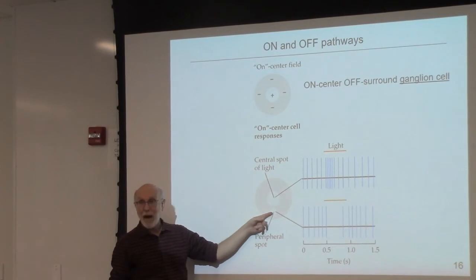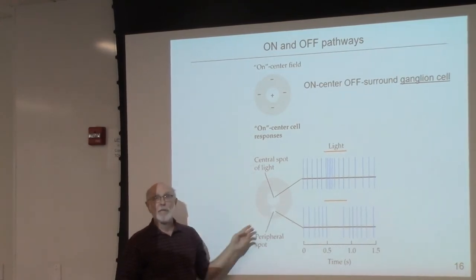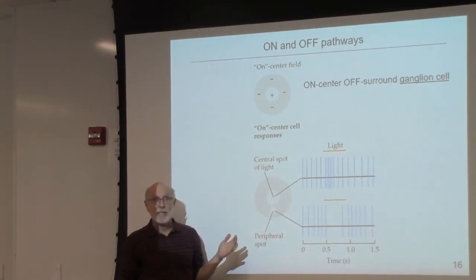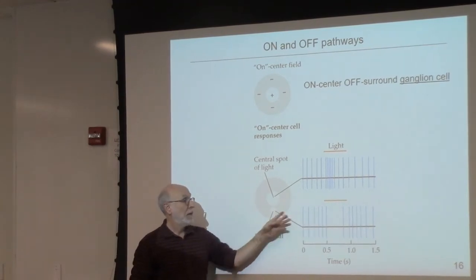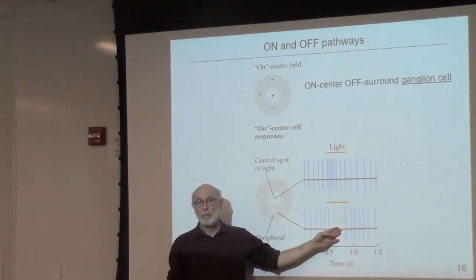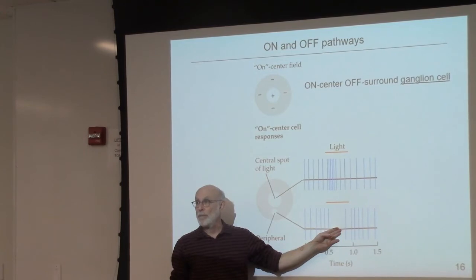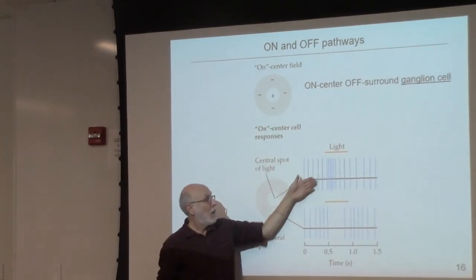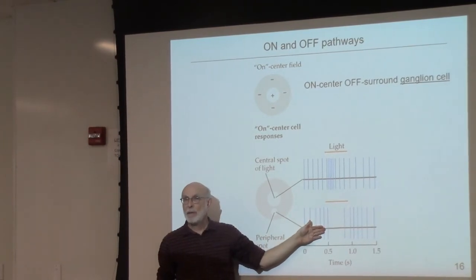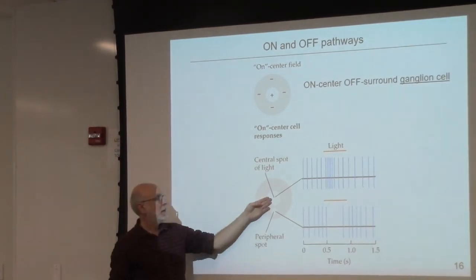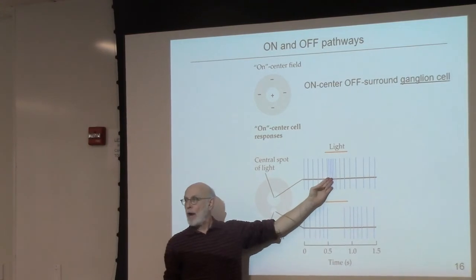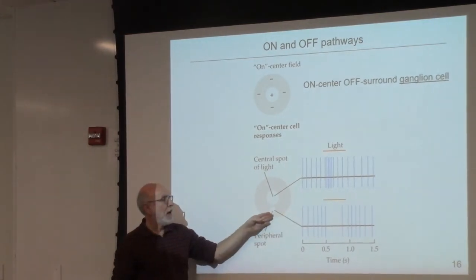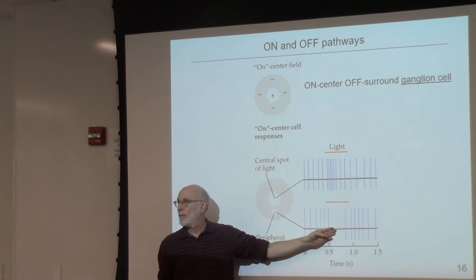Light on the surround, on the periphery of this ganglion cell's receptive field, inhibits action potentials, decreases the frequency. So that's why this is called an on-center, off-surround ganglion cell. Light in the center, more action potentials; light in the surround, fewer action potentials.